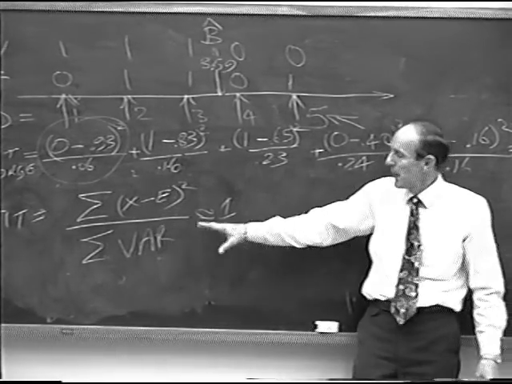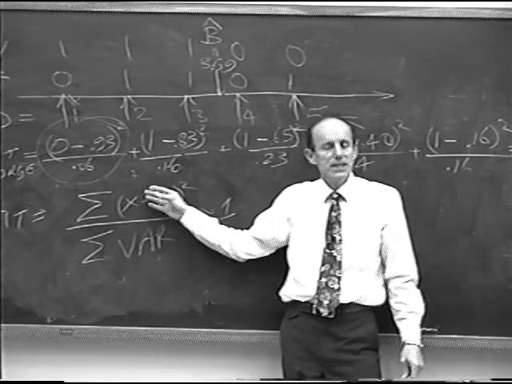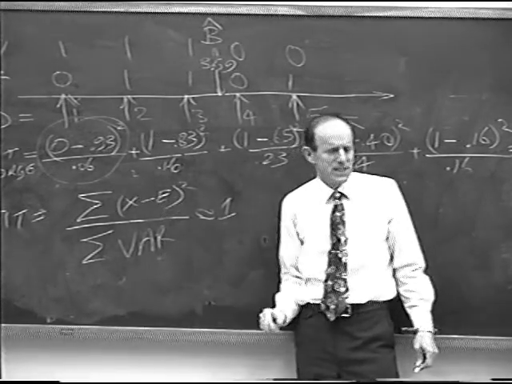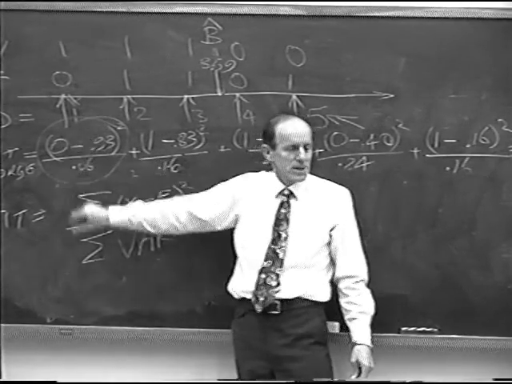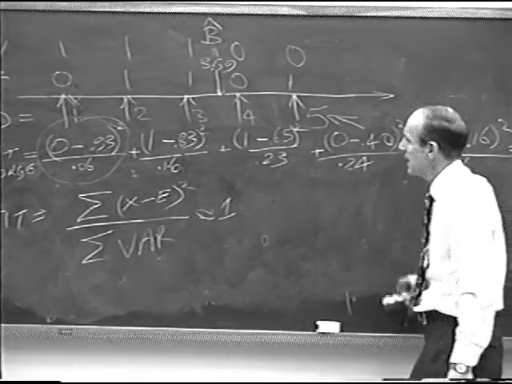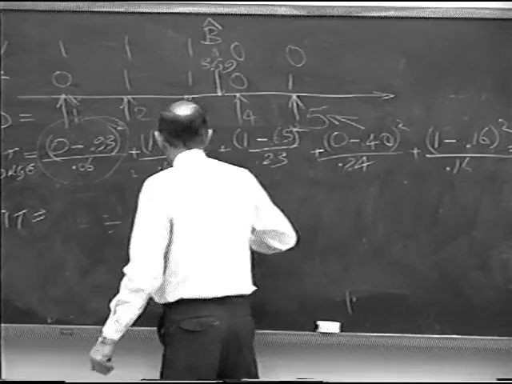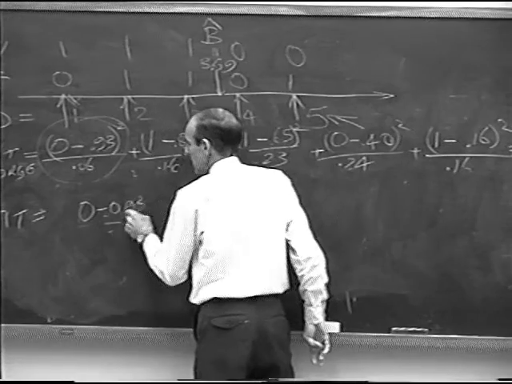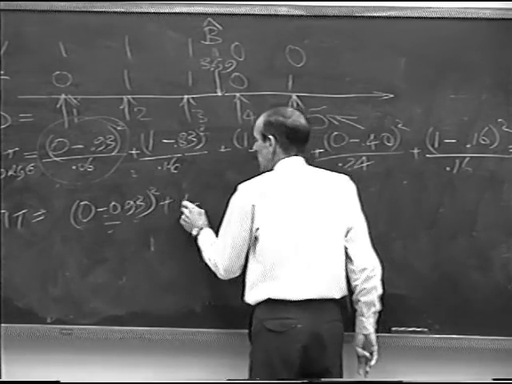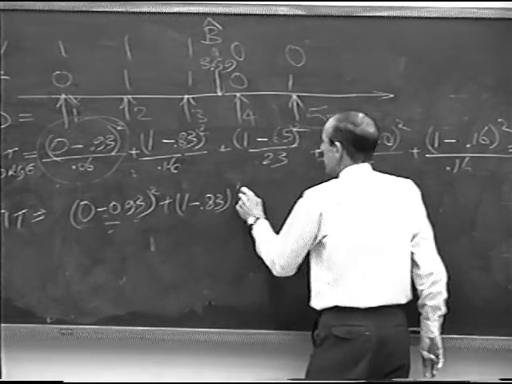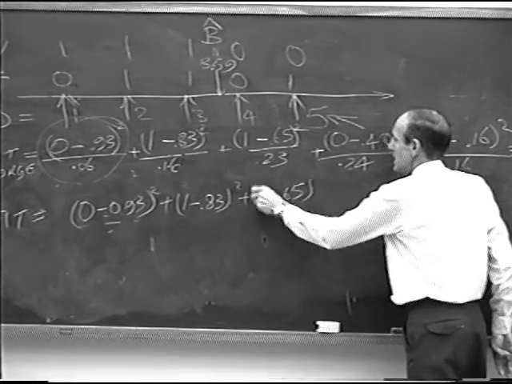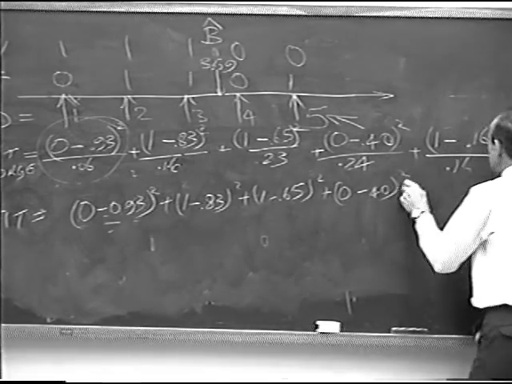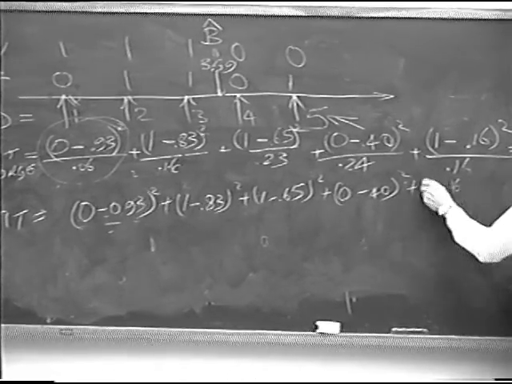But what will happen is that any individual unexpected right or wrong response will get added in with all the rest, instead of featuring on its own, as happens with the outfit statistic. So let's calculate the infit statistic for George and see how it looks different. We open with 0 minus 0.93 squared, adding up all the tops: plus 1 minus 0.83 squared, plus 1 minus 0.65 squared, plus 0 minus 0.40 squared, plus 1 minus 0.6 squared.